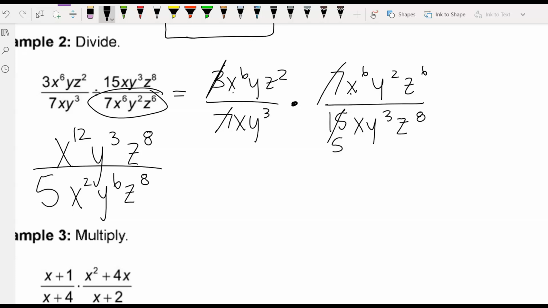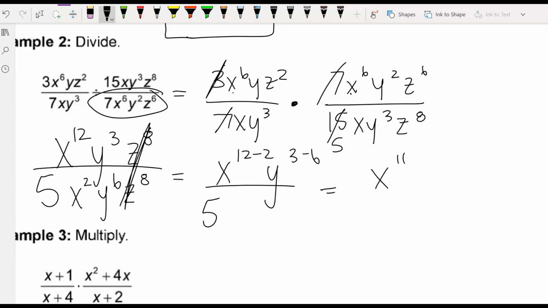So now we can cancel those z to the 8ths right away. But then we have x to the 12 minus 2 and y to the 3 minus 6.